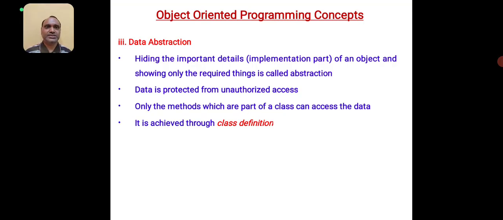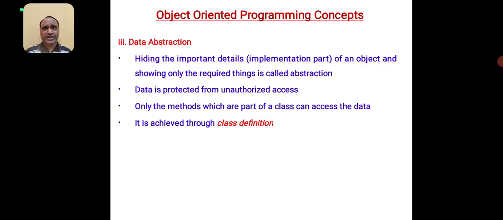Those variables are highly secured and are not shown to all functions in the program. Only the functions which are defined inside that class can access that data. Other functions which do not belong to the class cannot access that data.